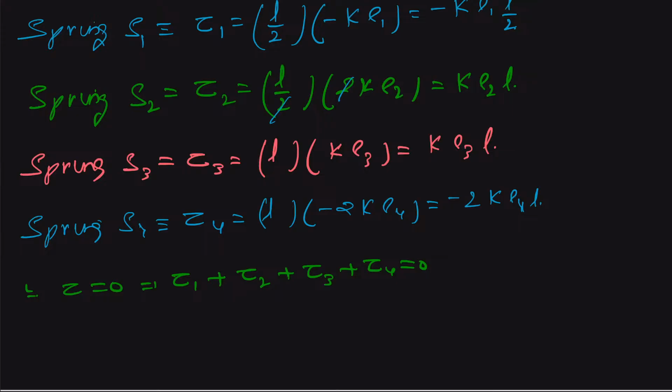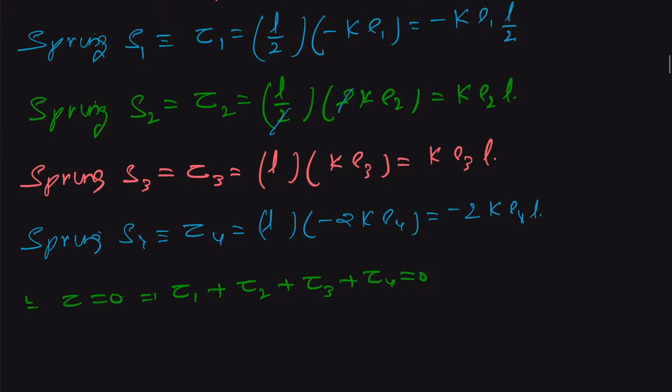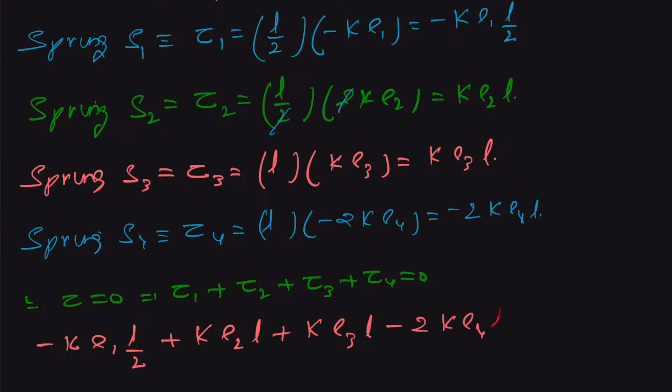Now we simply substitute their values. Tau 1 was our minus k E1 L by 2, and this was plus k E2 times L plus k E3 times L minus 2k E4 times L is equal to 0.